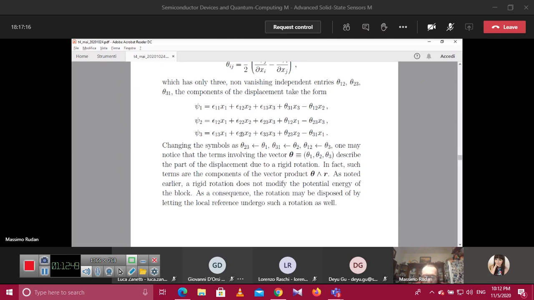There is no difference in the relative positions of 2 points of the little block due to the rotation in itself. The only change of the internal distances is due to the deformation, and the deformation is described by the strain tensor, okay? So from now on, we assume that we are considering only a local reference that is rigidly connected to the block, okay? So we shall not have any rotation anymore, but only the deformation.